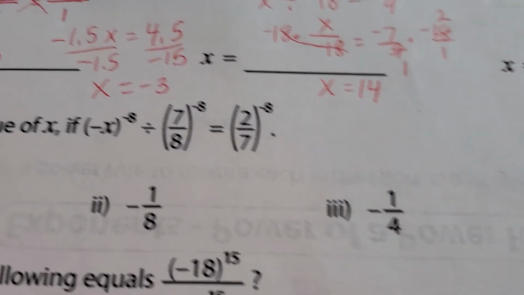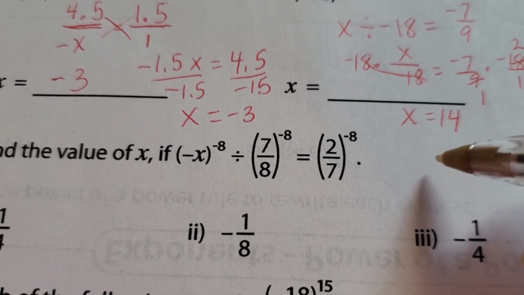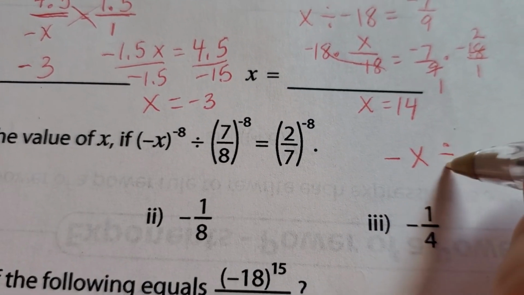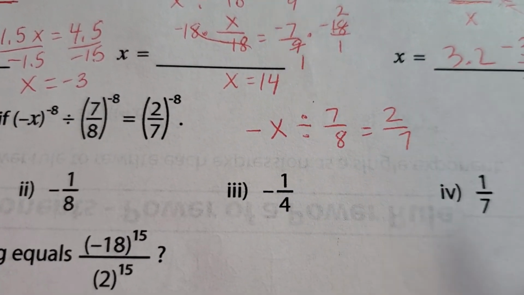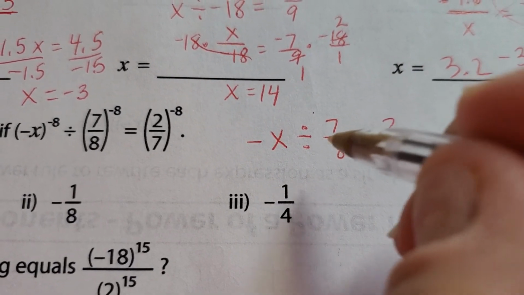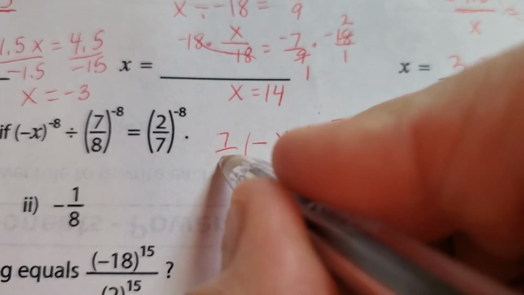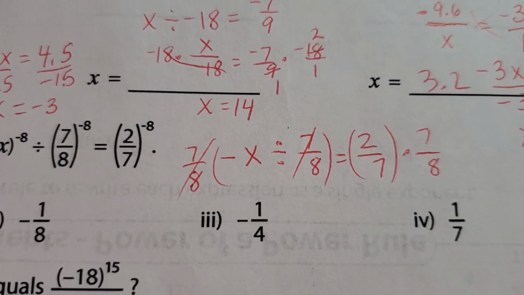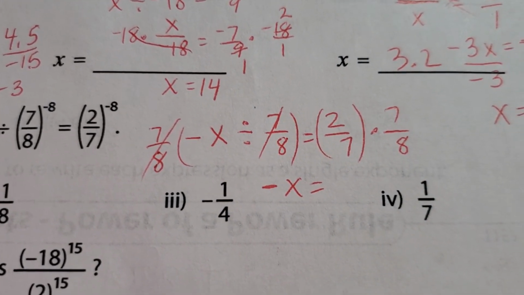All right, and our last two are, we have negative x divided by 7/8 equals 2/7. So for this one, I'm going to multiply both sides by 7/8. Please note x has that negative sign in front of it, so don't forget about that.